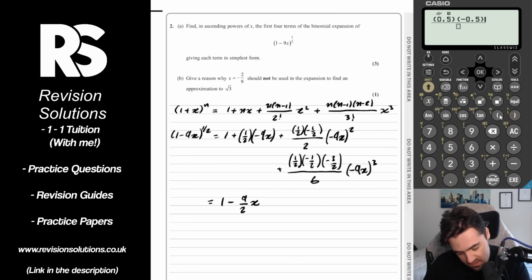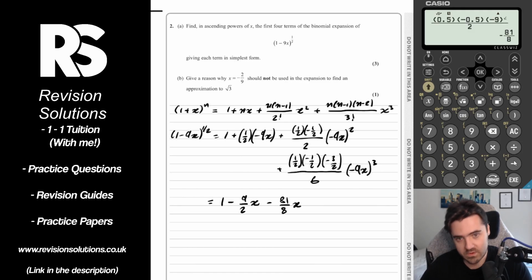And then we're going to get a minus 9 squared. And then that's all going to be over 2. That gives us minus 81 over 8 x squared.